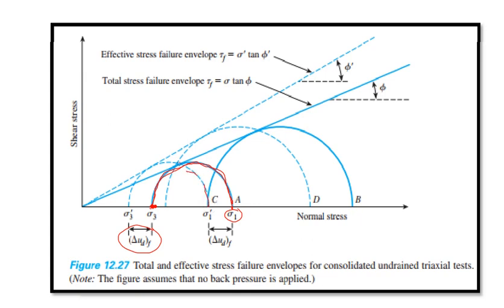So, itong dash line na ito, yan yung magiging effective stress natin. So, yung una, yan yung undrained soil specimen natin.